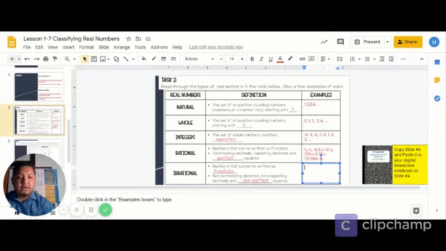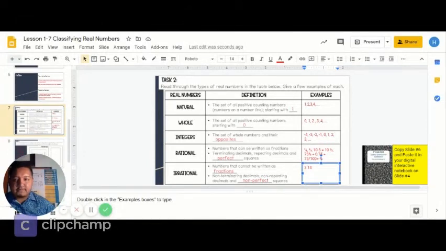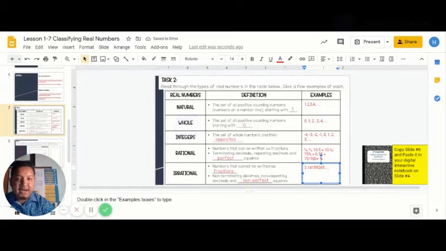We mostly know it as 3.14, but pi goes on forever and ever and ever. So we have this number here, pi, 3.14159265, and this number does not repeat or terminate behind that decimal point.